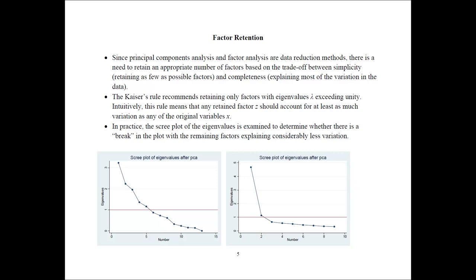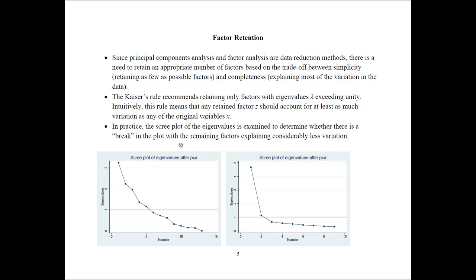So how many should we retain? One rule is the Kaiser rule, which recommends that you retain only factors with eigenvalues lambda exceeding unity, which means that any retained factor z would account for at least as much variation as any of the original variables, and it makes sense.